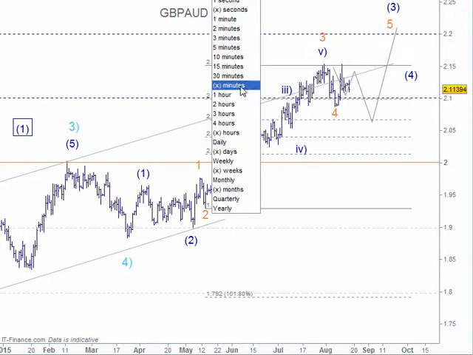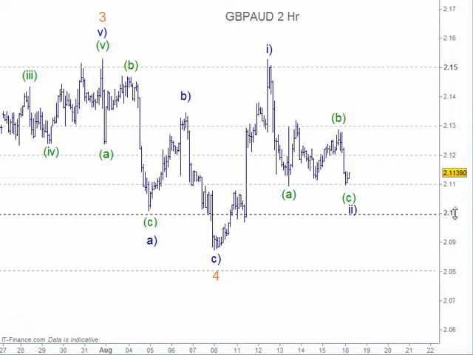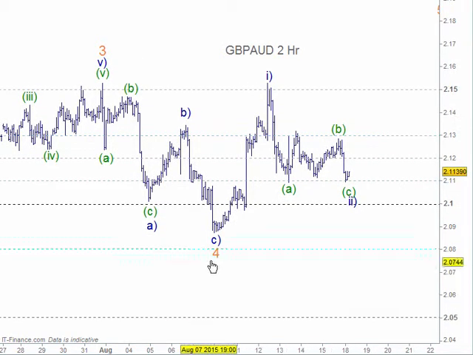So we're going to have to understand what makes what and when it changes and so forth. Just coming in on the 2-hour chart here. As I just mentioned, it's possible to have wave 4 here, but it's also possible to see wave 4 further over here, with all this being the A wave, the B wave here, and a C wave further down.